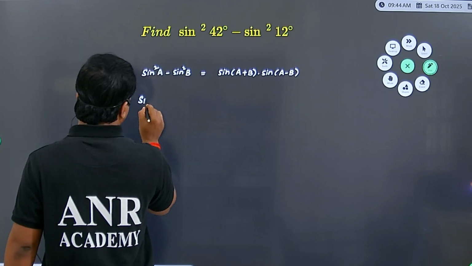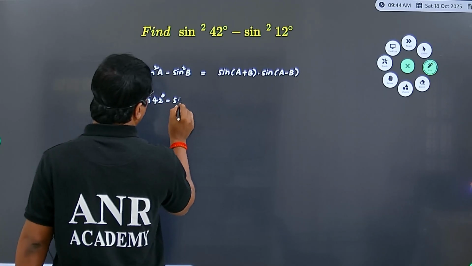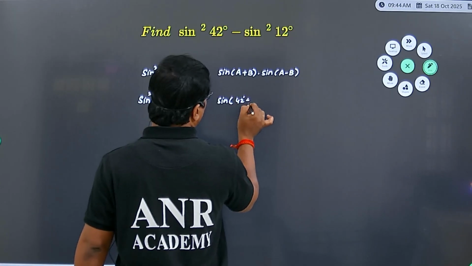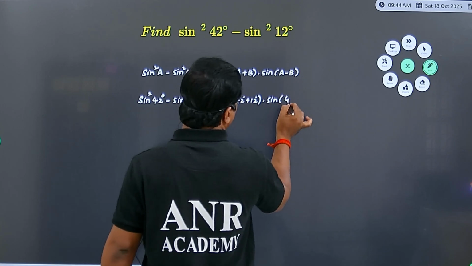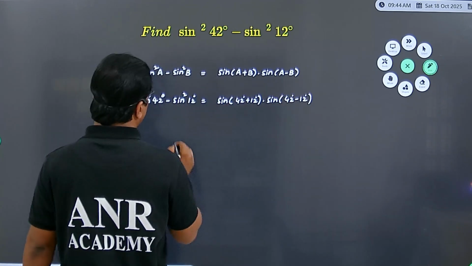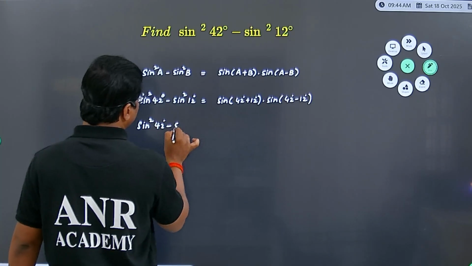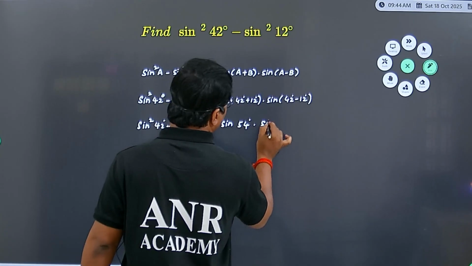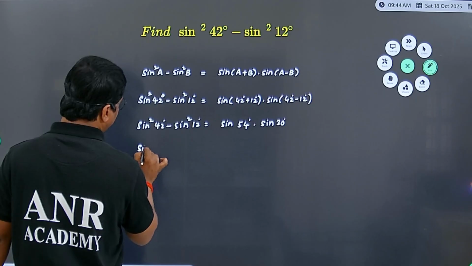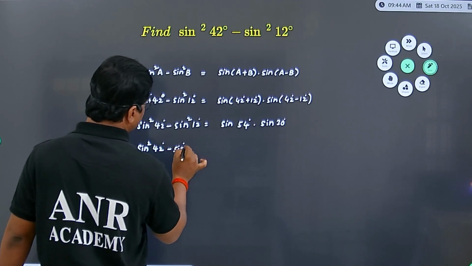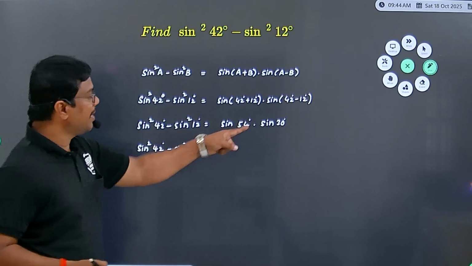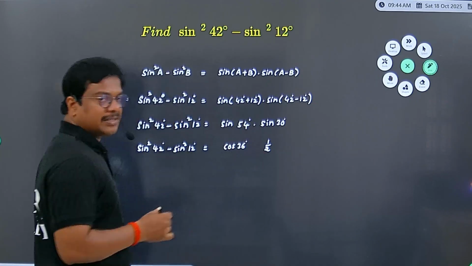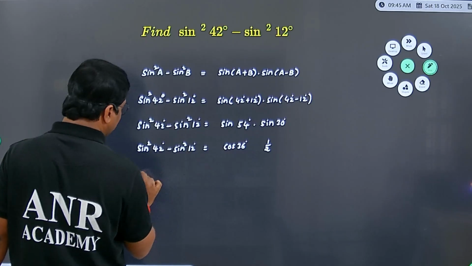It is sin square 42 degrees minus sin square 12 degrees, equal to sin of 54 degrees into sin of 30 degrees. Next, sin 30 degrees value is 1 by 2, sin 54 degrees is also written as cos 36 degrees, and you need to write the cos 36 degrees value in the next step.